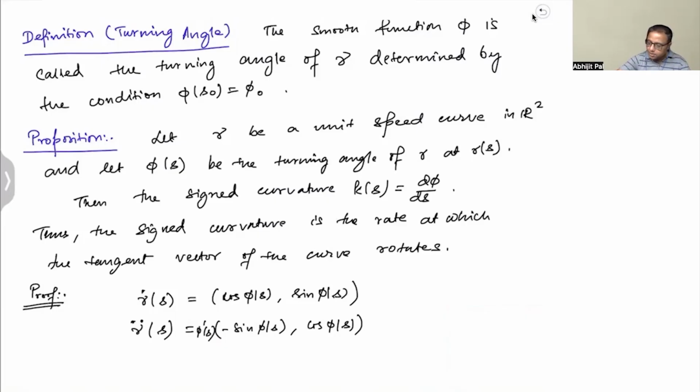And observe that, suppose this is my curve and this is my unit tangent vector, which is gamma dot s equal to cos phi s comma sin phi s.